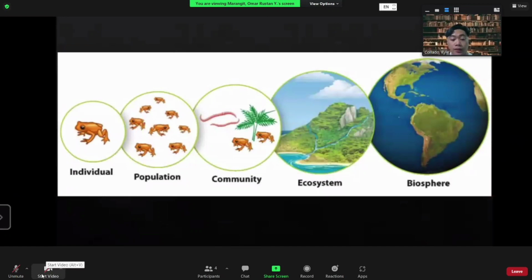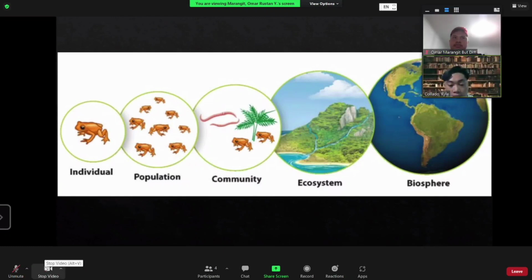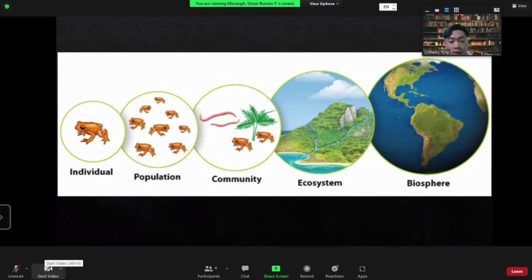In other words, an ecosystem is all the living things in an area interacting with all of the abiotic parts of the environment. In this picture, we have first the individual. Individual means an alone organism. Second one is population.